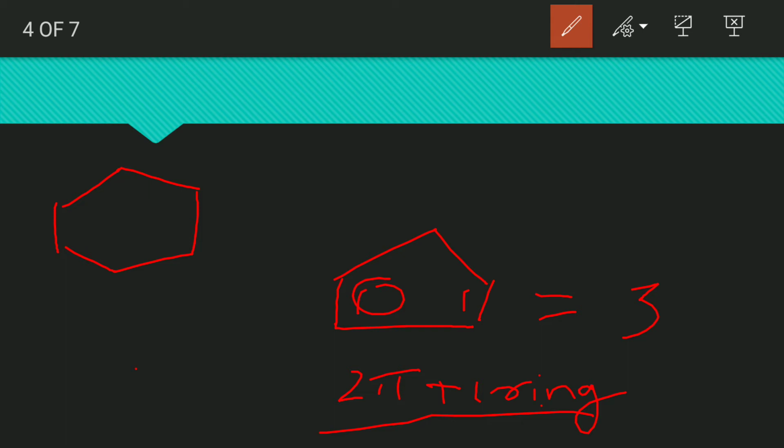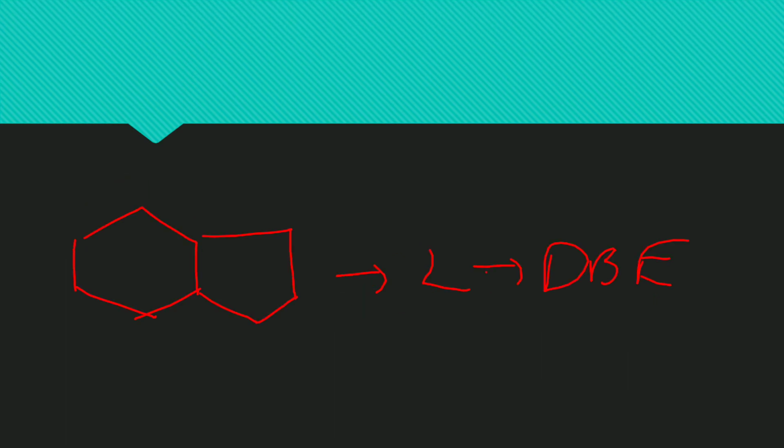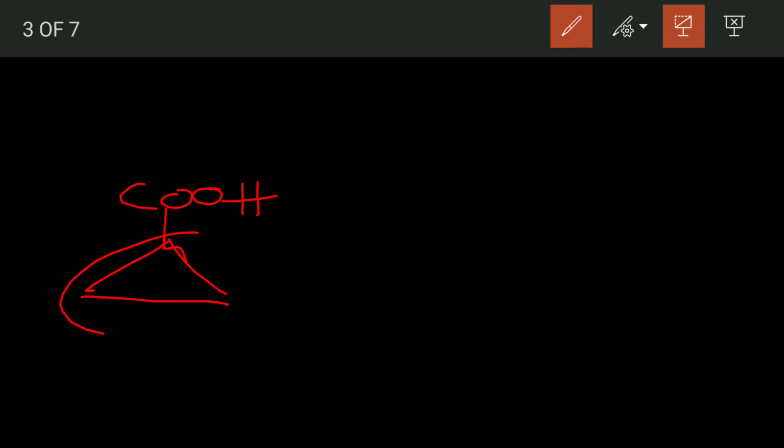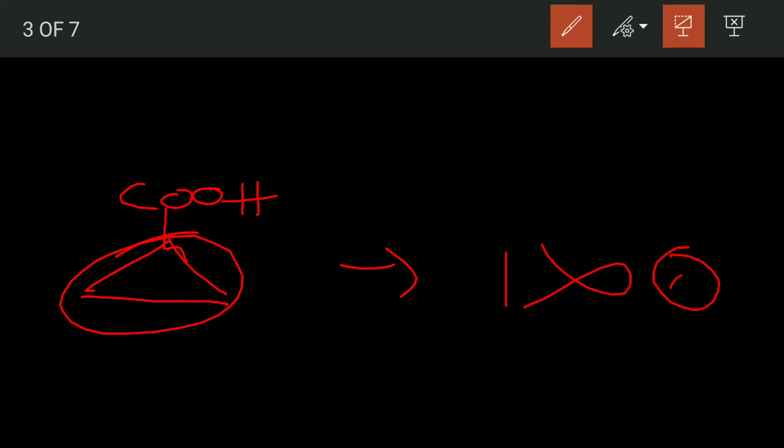Now let's solve some examples where students often get confused. They make mistakes. See here, this one. As soon as they see the compound, they directly calculate it has one ring, and so they directly write the DBE value is 1. But it's completely wrong.